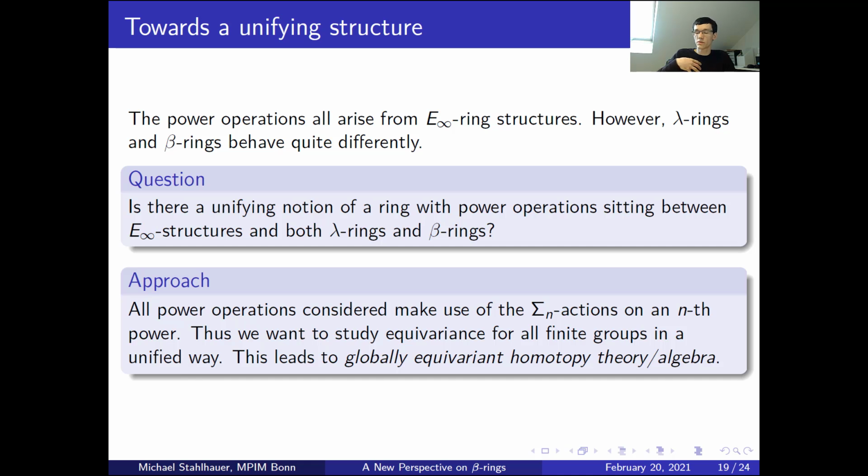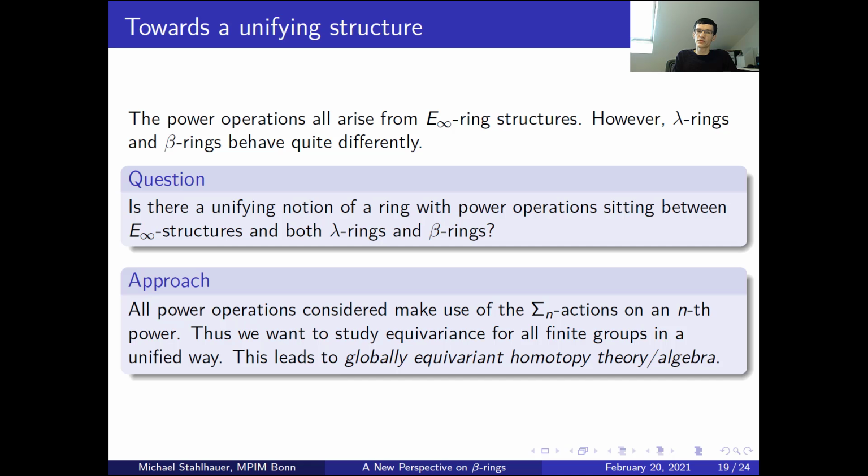And if you want to come up with such a definition of what an algebraic notion of power operations would be, you look at our definitions of lambda rings and of beta rings, and you see that the common theme was that we used an nth power of an object and then used the permutation action, the Sigma n action, on this nth power. So maybe it's more fruitful to study this Sigma n action itself and not some quotients of it.